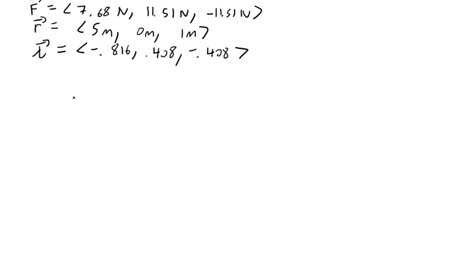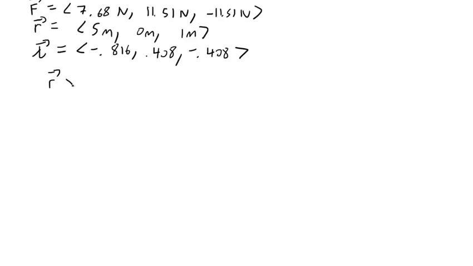Like so. And now I need to calculate R cross F. Do you need me to run through the cross product calculation, or can I just take care of that really quickly? Are you good with cross products? Okay. I'll just let my calculator chew on the cross product really quickly.